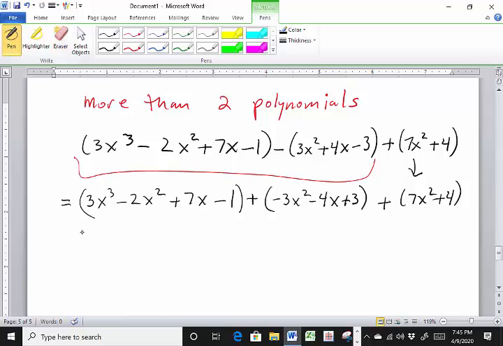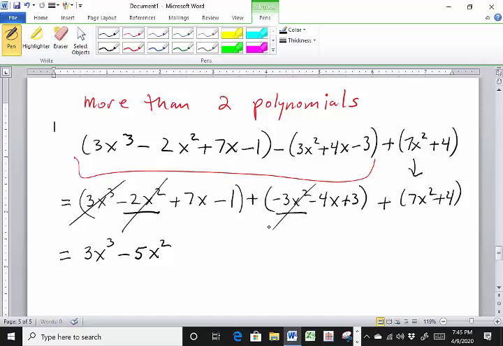Okay, so here we go. We have a 3x cubed. Is there an x cubed over in the second polynomial? No. So I'll just write this as 3x cubed. I'll mark it off that I've worked with it. Then we have like terms here, a minus 2x squared and a minus 3x squared. That's going to be a minus 5x squared.